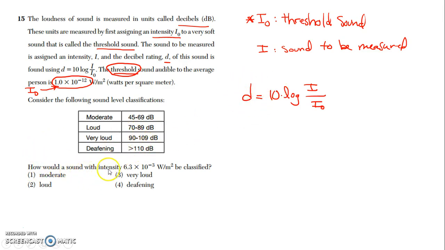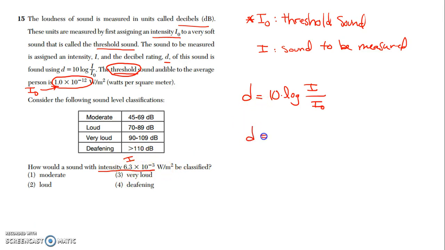How would the sound with intensity 6.3 times 10 to the negative 3 watts per square meter be classified? I want to say watts. Oh yeah, watts per square meter. So now they're giving us our intensity. Sound to be measured is our intensity, so your I value is 6.3 times 10 to the negative 3.